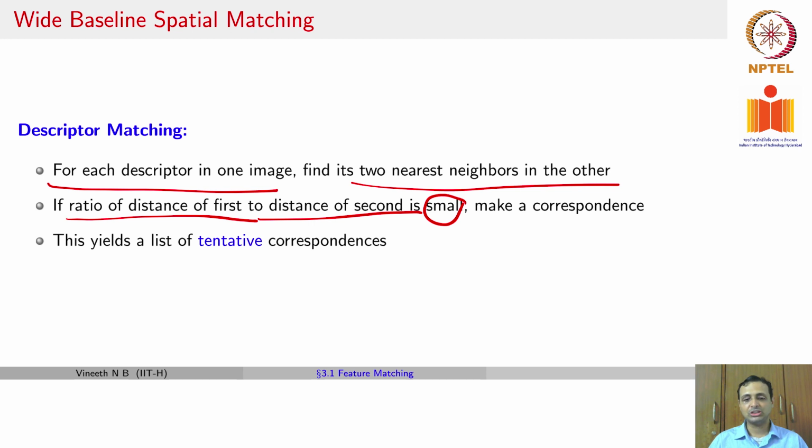So whenever you have a strong match, you're going to consider that a correspondence, and after you do all these pairwise matchings, you have a list of correspondences between image 1 and image 2. What do we mean by correspondences? We are simply saying that descriptor D1 in image 1 corresponds to descriptor D10 in image 2. Something like that. You can just write out a table of correspondences between the descriptors of these two images.